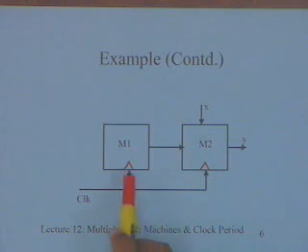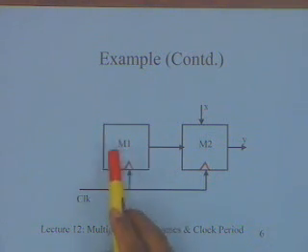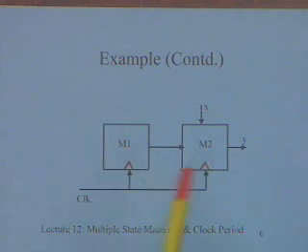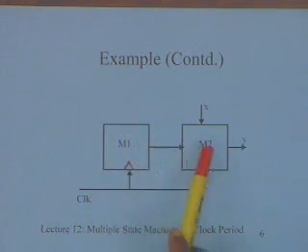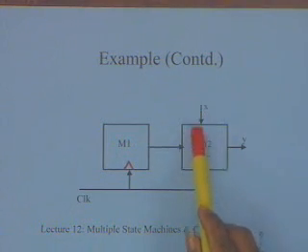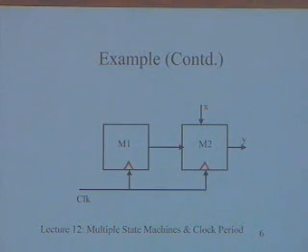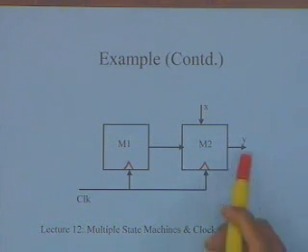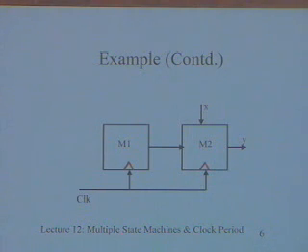Something from the M1 machine, which is counting 0 to 255, is going to go from M1 to M2, and M2 is the machine which receives X as the input and generates Y as the output. Output Y is nothing but the case when the pattern matching occurs.